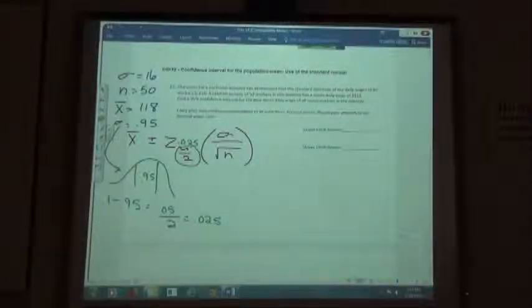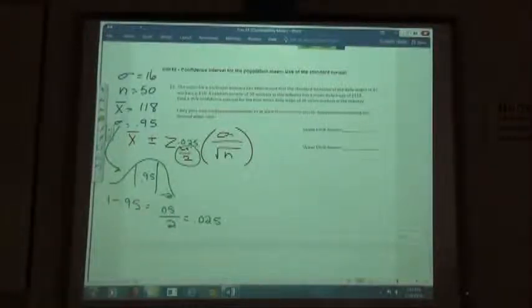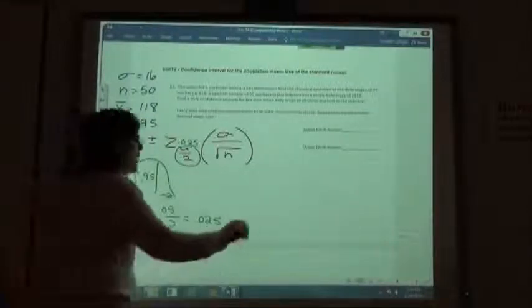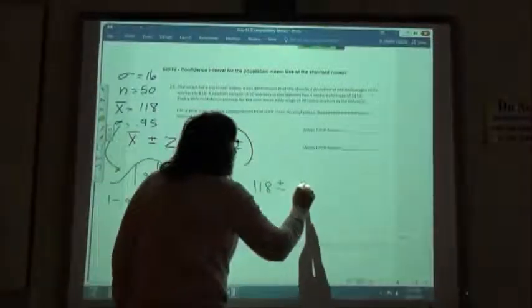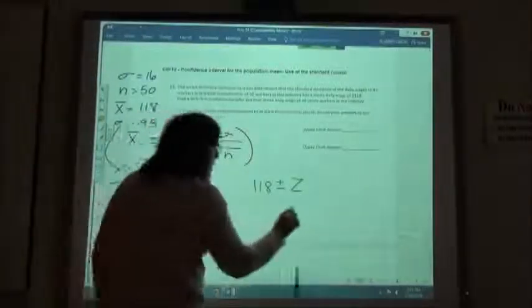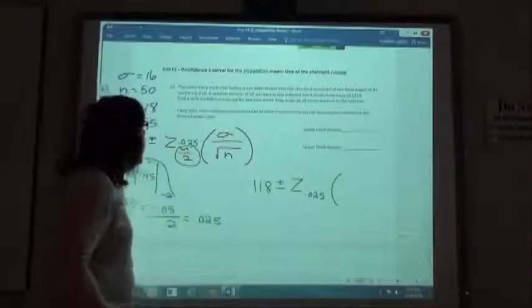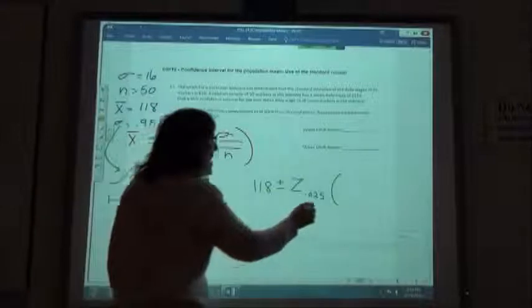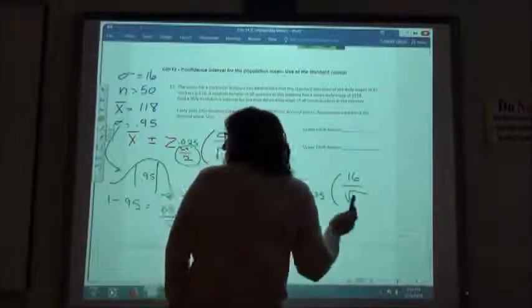So the 95% is the part in the middle, but we want to find the section on the end to the right. And so that's the number we're going to put in there. The X bar we knew was 118. So we're going to have 118 plus or minus Z sub 0.025 times standard deviation, which is 16, over the square root of n, which is 50.